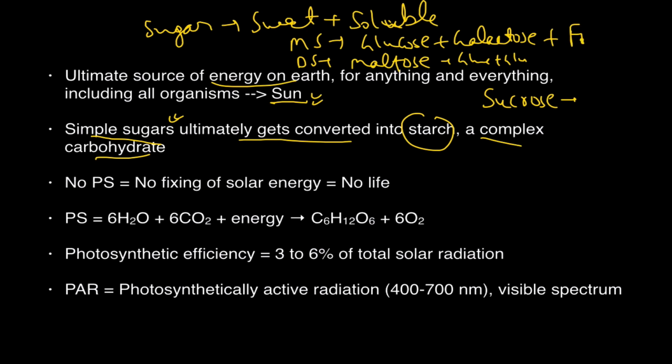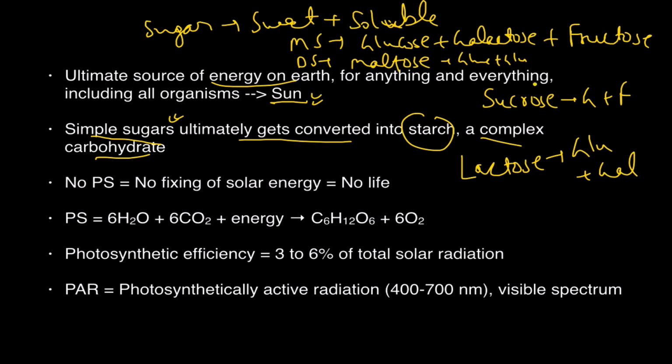Another monosaccharide is fructose. So these are the three most common monosaccharides. There are literally hundreds of them. Sucrose is glucose plus fructose, maltose is glucose plus glucose, and finally we have the one found in mother's milk, that is lactose, which is composed of glucose plus galactose. If you remember even this much, that is more than enough.